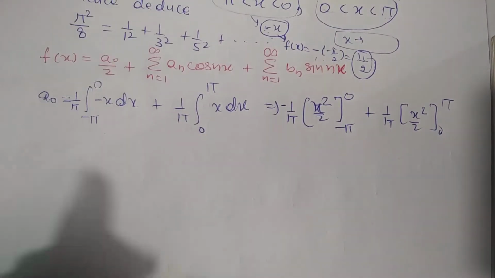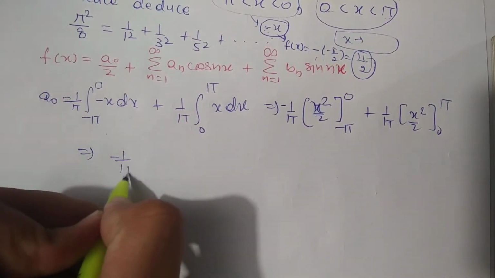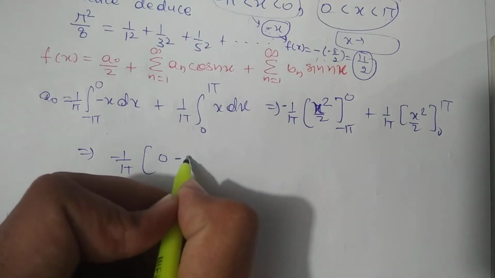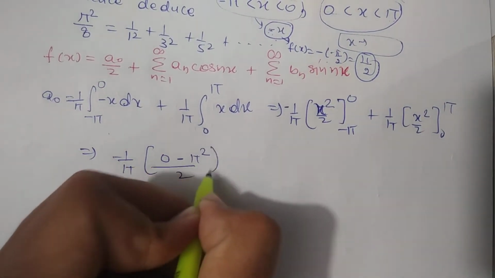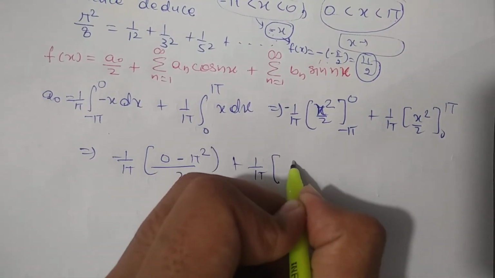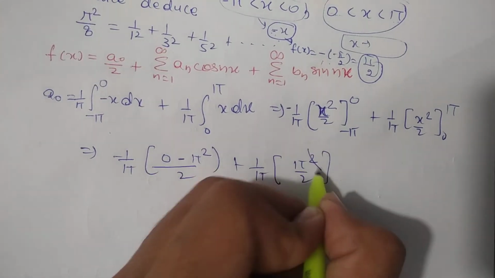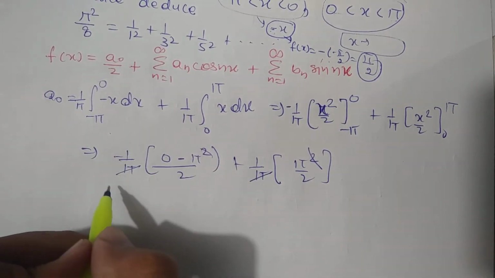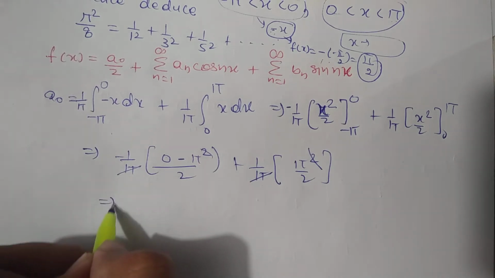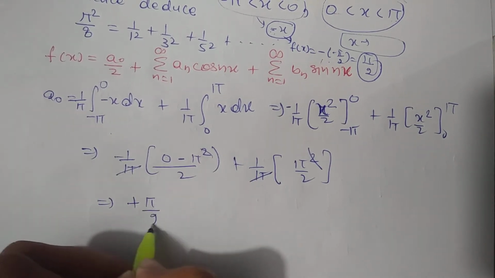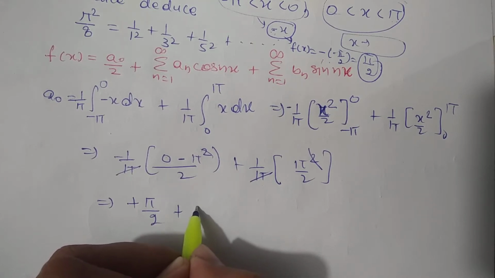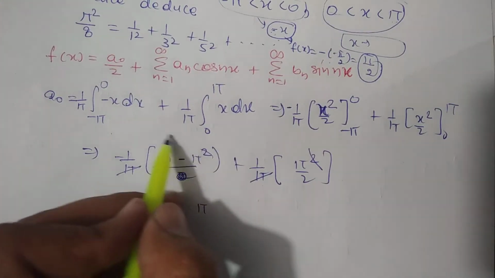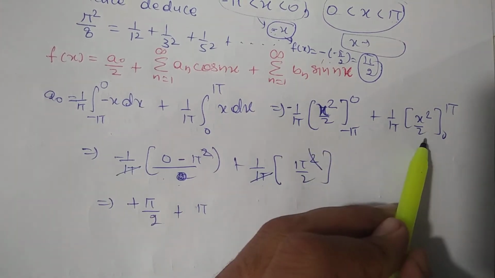So this value will become minus 1 by pi, and inside, putting the limits, 0 minus pi square will be minus pi square by 2, plus 1 by pi, inside pi square minus 0, which is pi square by 2.